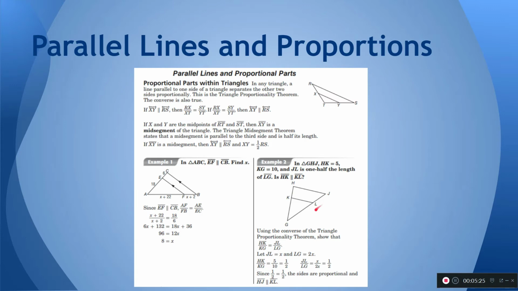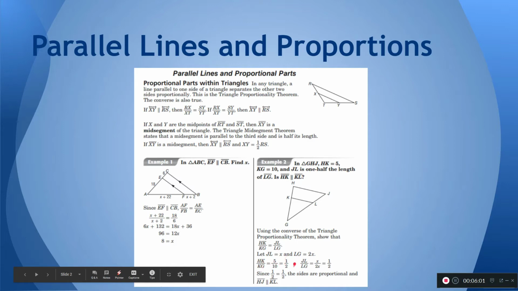So if we say that this is 1/2 of this segment, can we say that these lines are parallel to each other? Well, using the converse of the triangle proportionality theorem, we want to show that HK over KG equals JL over LG. Let JL equal X and LG equal 2X. They asked us with the half here, so 2X meaning twice as much. HK equals 5, KG equals 10.